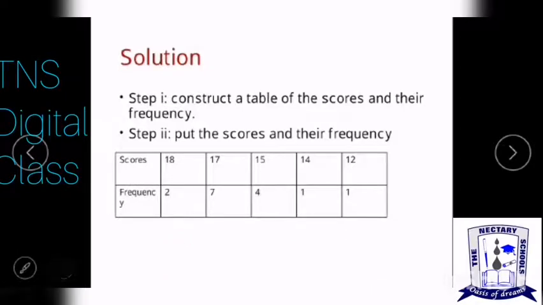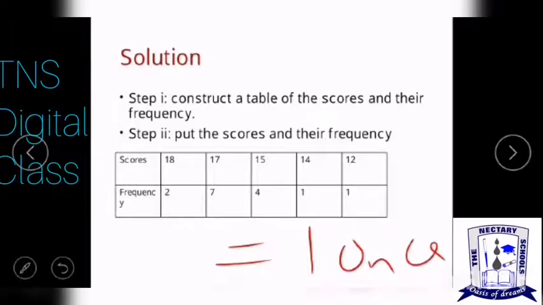So if I ask you what is the frequency of score 12, what would the answer be? The frequency is 1. That is, score 12 occurred just once.